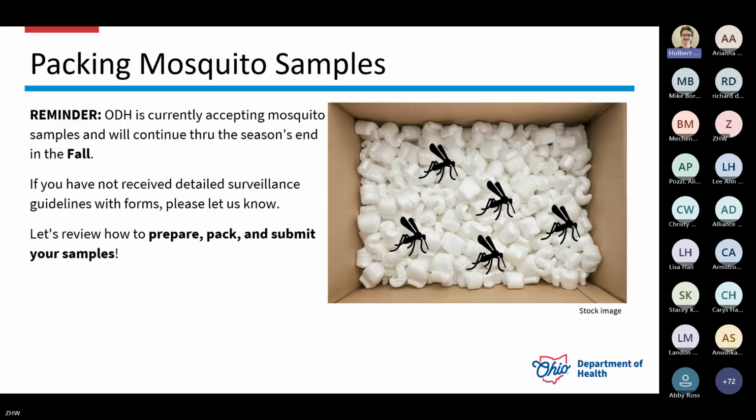And it's also really important that you provide as accurate environmental data as you can possibly get: the weather, the location, the habitat type.